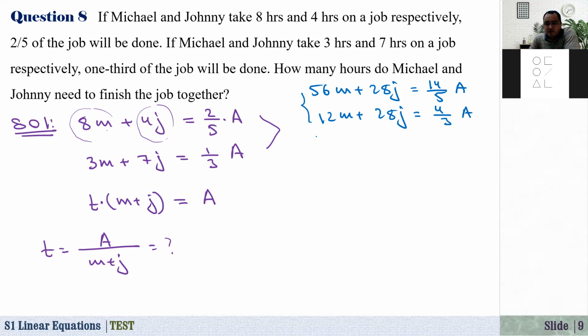Now if you subtract, we can eliminate J here. 56 minus 12 is equal to 44M.